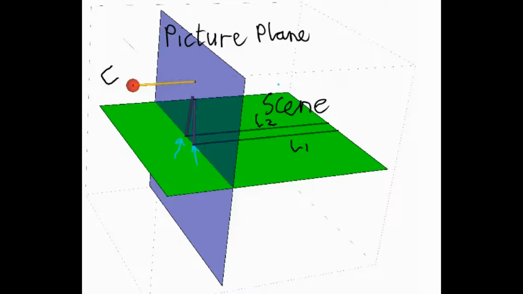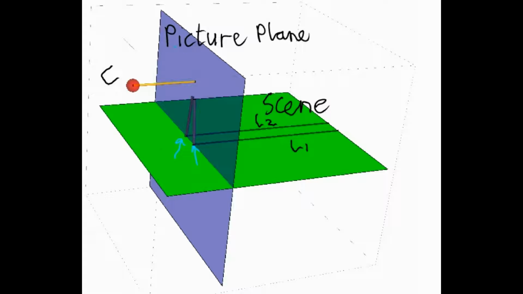And if you look carefully at this picture, you should see that these two lines are actually coming closer to each other. And if you imagine extending lines L1 and L2 further so that they go a very long distance away in the scene, then perhaps you can imagine how these two lines on the picture plane are actually going to converge.